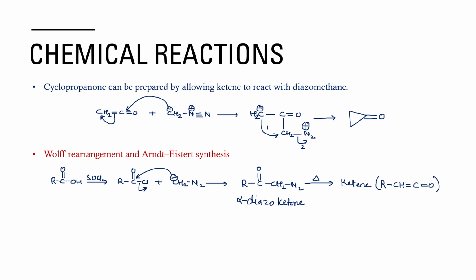You would be getting this species. This is the ketene, and this reaction is known as Wolff rearrangement. This is what we call Wolff rearrangement.